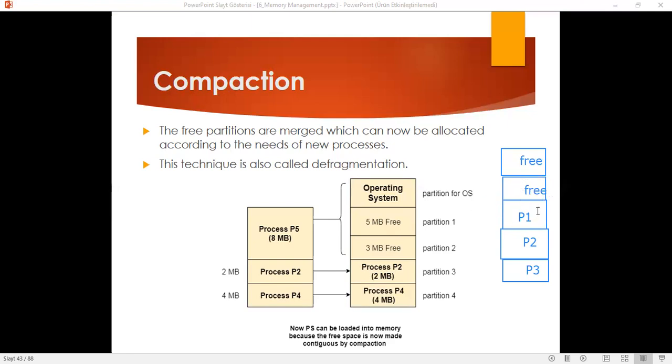Think about it, process 1 finished execution, so this is free.